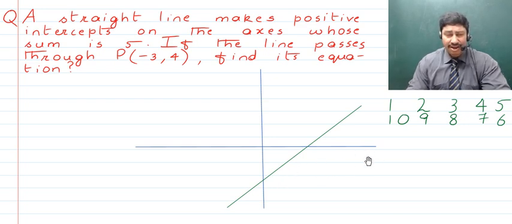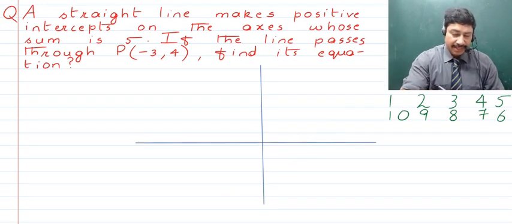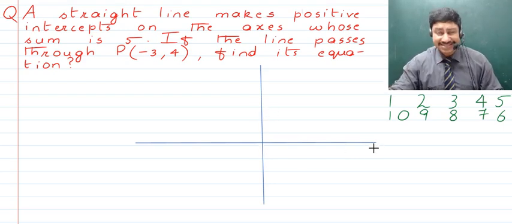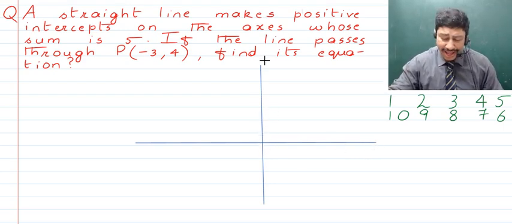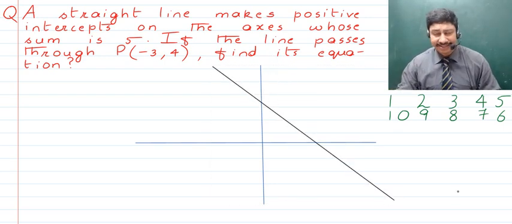So if you talk about other cases, we can now talk about the case that is, say, something like this, where we can have the x-intercept as well as the y-intercept both positive, and that is possible if we have the line like this.